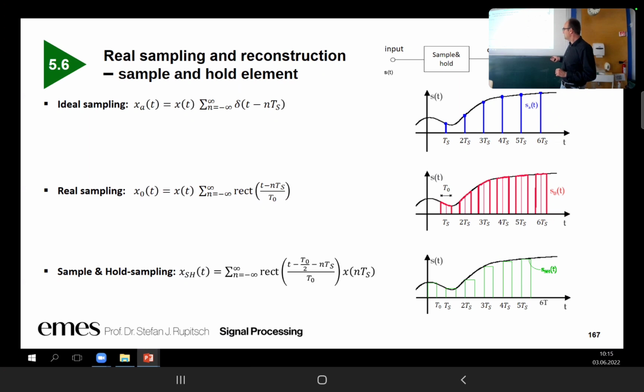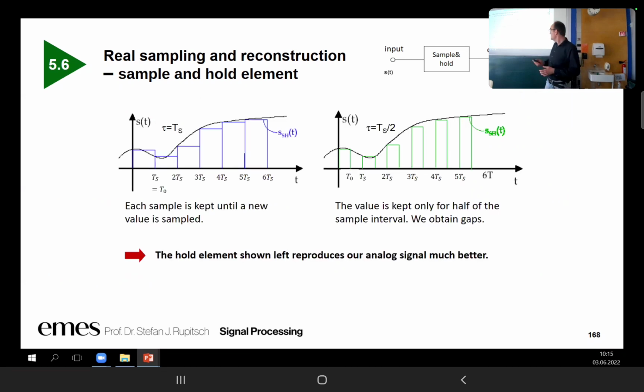And if we use a sample and hold sampling, then we will have such stairs here, and the length of the stairs can be different. In this case, we have stairs with the length of the sampling interval, and in this case, on the right-hand side, the stairs are reduced to half the sampling interval.